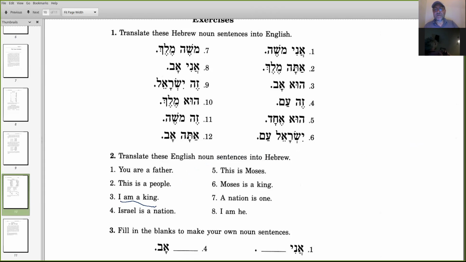So in order to write the word ani, we would start with an aleph, and we would put on there what's called a chataf patach. And that would give it a slight ah sound.